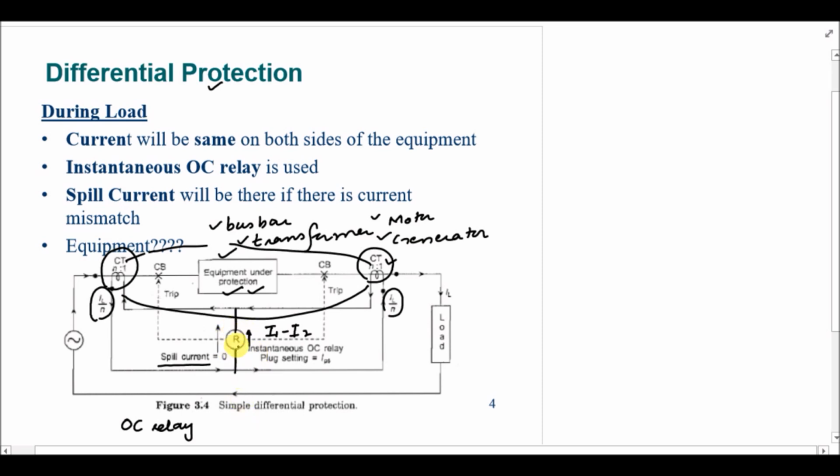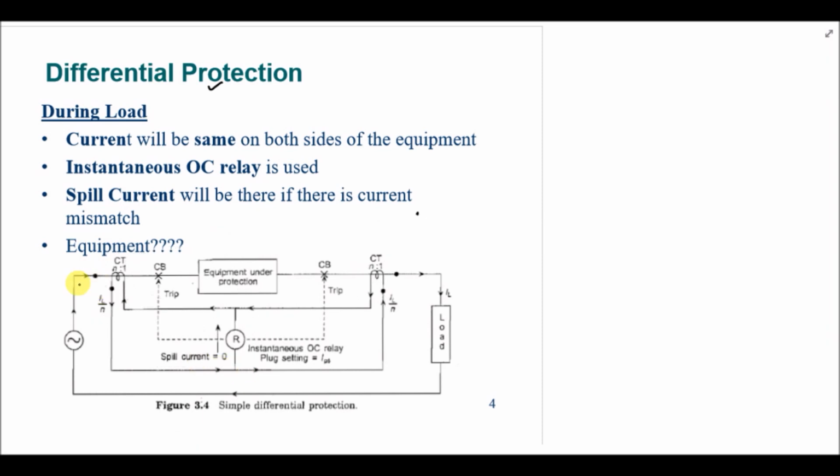There is one more thing that has to be considered while analyzing this sort of a differential protection scheme, and that is the dot convention. We know that in the dot convention, if one current is entering the dot, then in the secondary of the CT, the current will be leaving the dot.